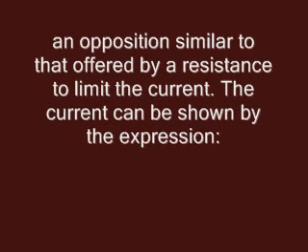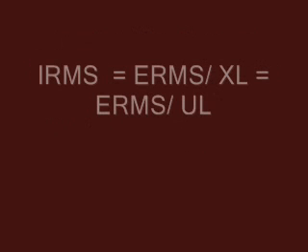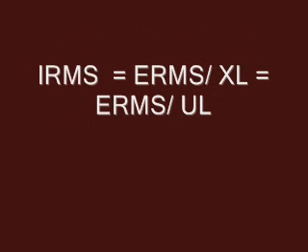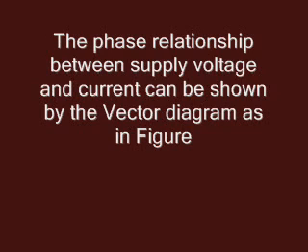an opposition similar to that offered by a resistance to limit the current. The current can be shown by the expression I RMS is equal to E RMS over XL, which can also be expressed as E RMS over omega L. The phase relationship between supply voltage and current can be shown by the vector diagram as in the figure.